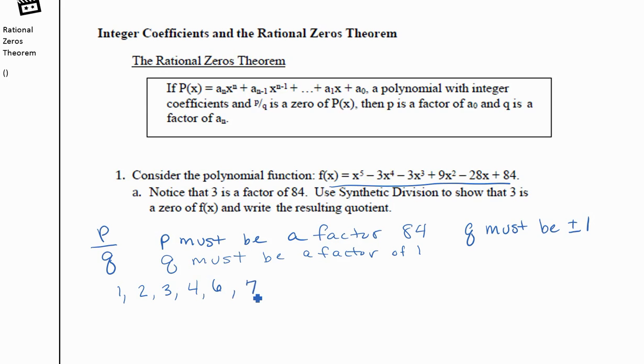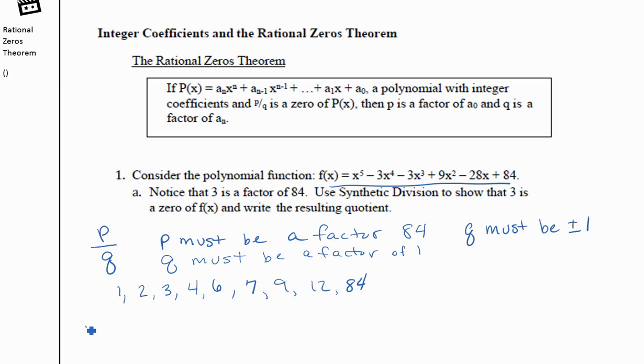Eight's not a factor. 9 is. 10 isn't, 11 isn't, 12 is. Now we know we can't have anything bigger than that because if the square of it's already bigger, then you can't have anything that you've missed. So then we would also have 84.